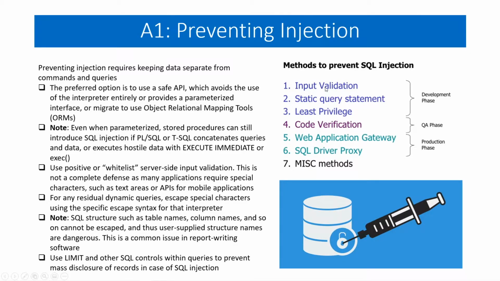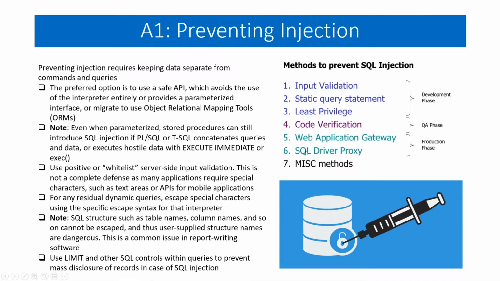So as you can see here, number one, input validation. That is the best source to stop this. So if the code in the development phase is written with security in mind, that's always the best choice. But of course, you can do other things: static query statements or static code analysis, a principle of least privilege involving maybe the code itself and the database that's running it, code verification.